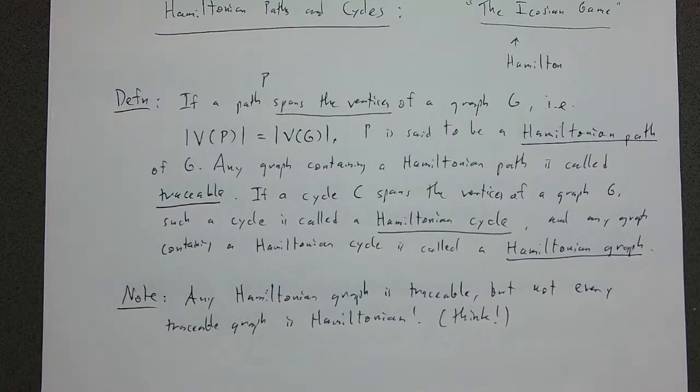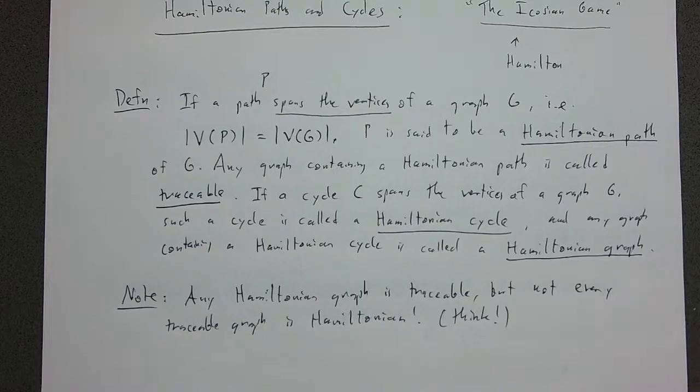So everything involved is referring only to the edges, so that we are trying not to repeat any edges. Repeating vertices is fine, right? But in the Hamiltonian case, you are focused on paths and cycles, which means you're focused on the vertices. You're not talking about spanning the edge set.